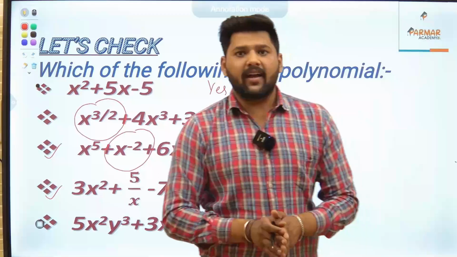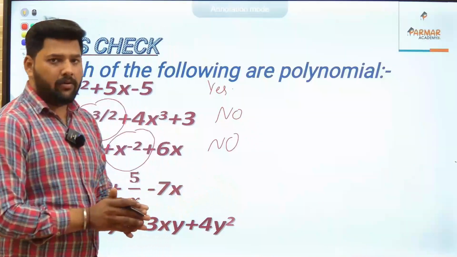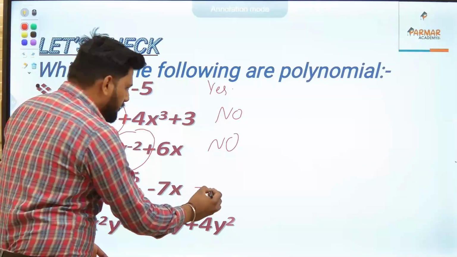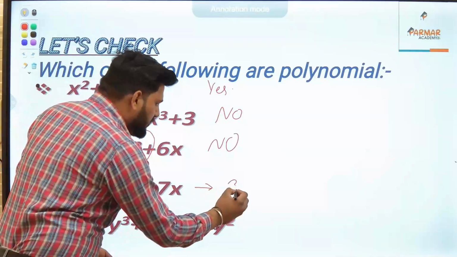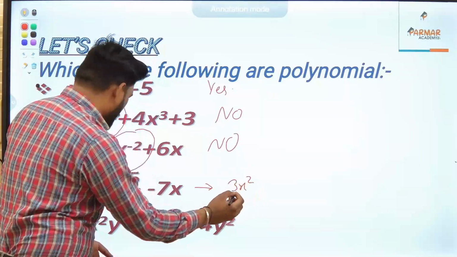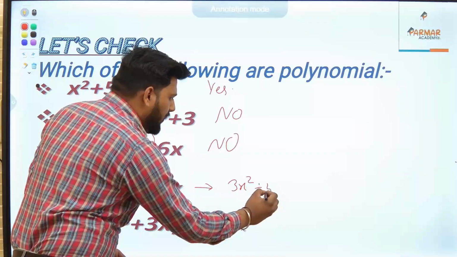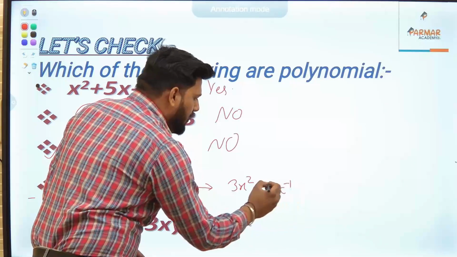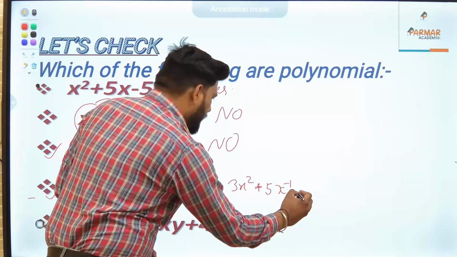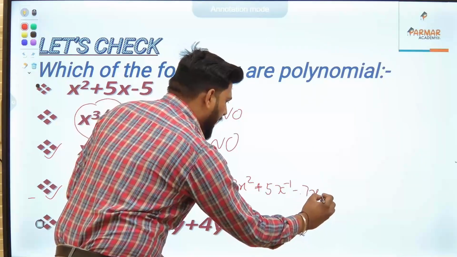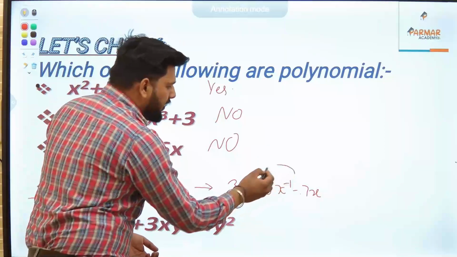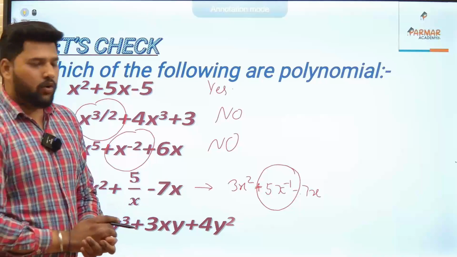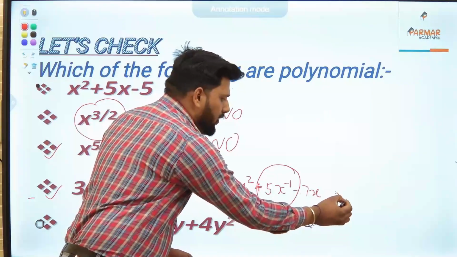At first sight, it looks like a polynomial because all the powers appear positive, but this converts into 3x square plus 5x raised to power minus 1 minus 7x. Now here, in the second term, the power of x is negative. So it is not a polynomial.